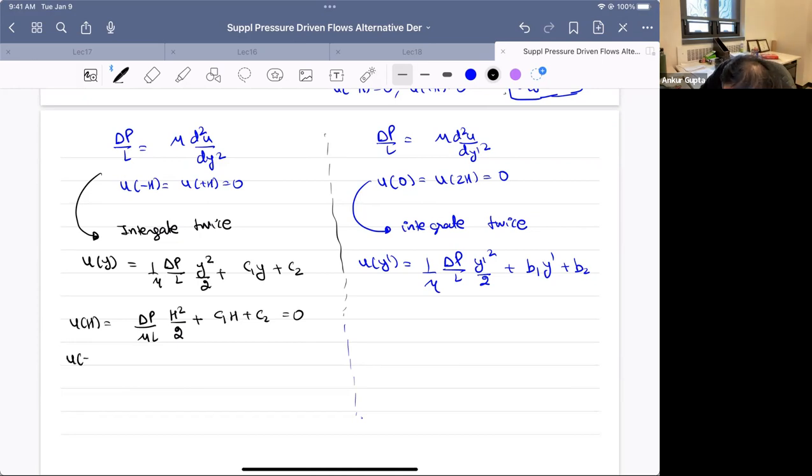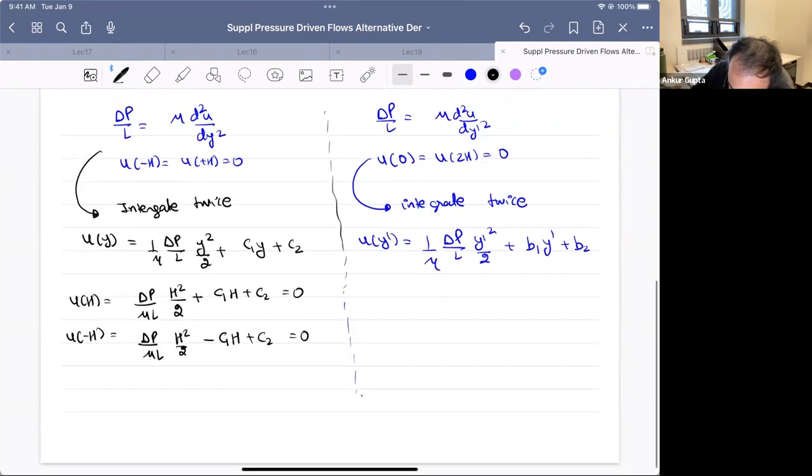And this is u of minus h, which is delta p by mu L, y square is minus h square, so it's still h square by 2, minus c1 h, because y is minus h, plus c2 is equal to 0. Okay, so I can clearly see that if I add them, I can simply get the value of c2, and if I subtract them, I can get the value of c1.